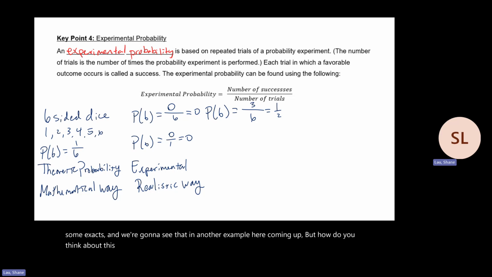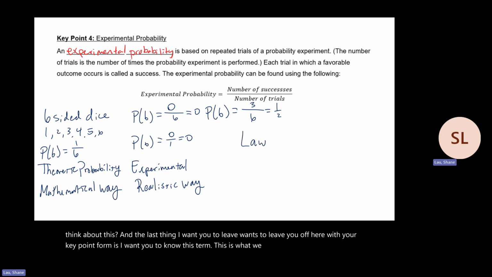And the last thing I want to leave you off with, your key point 4, is I want you to know this term. This is what we call the law of big numbers.